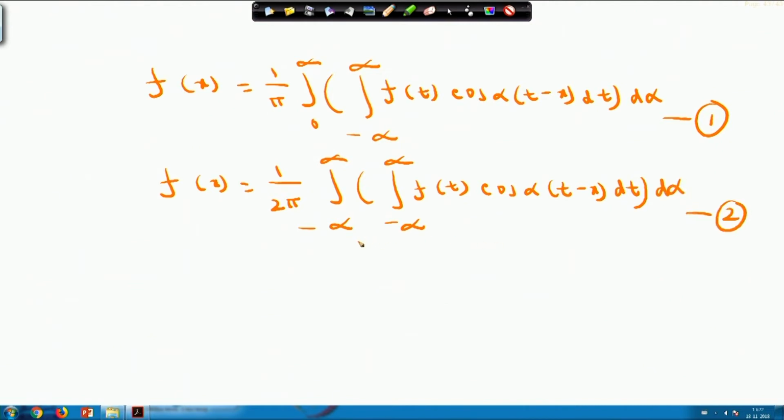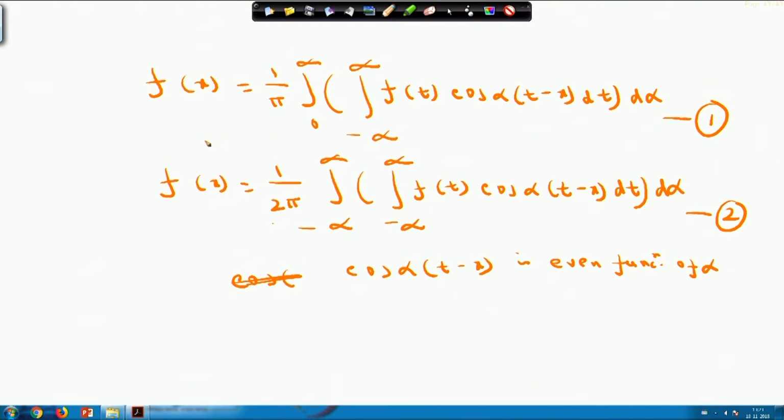We can write this because cos of alpha into (t minus x) is an even function of alpha. Therefore, this 0 to infinity I can write, using the property of definite integrals, as minus infinity to infinity, and that is the reason we have divided by 2.